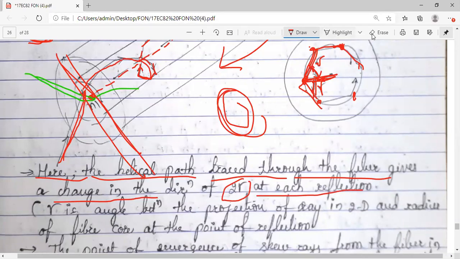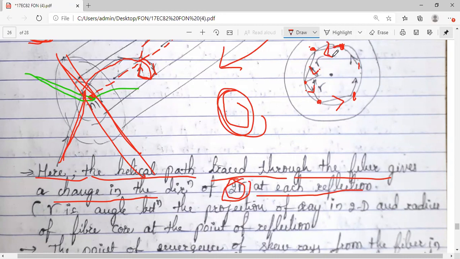Try to understand this line. No doubt I have shown you 5 points of reflection, but the change in the directions is taking place at the angle 2 gamma.